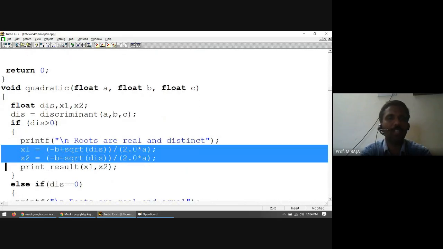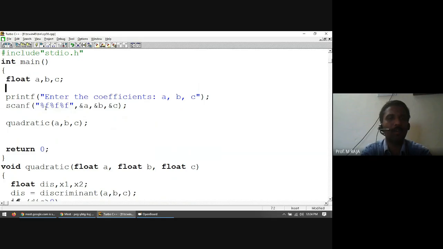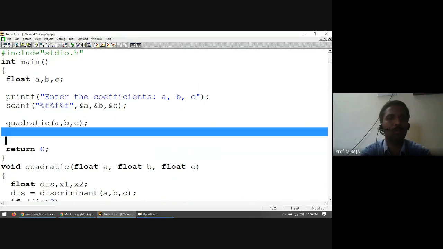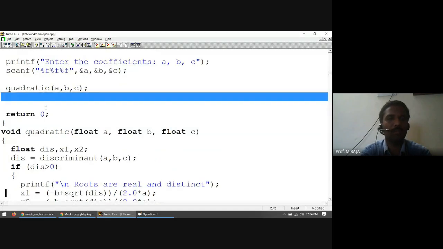But this x1 and x2 cannot be printed following this function call. Why? What is the reason? Following this quadratic function, in this place we cannot print x1 and x2. x1 and x2 are local variables with respect to this quadratic function.